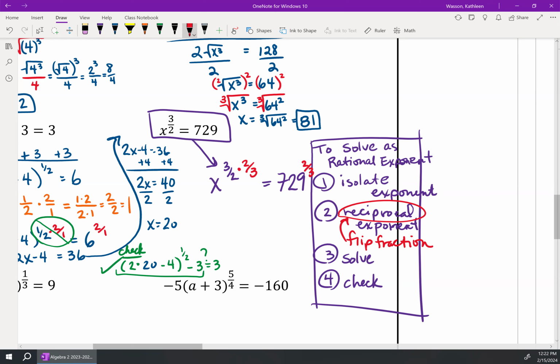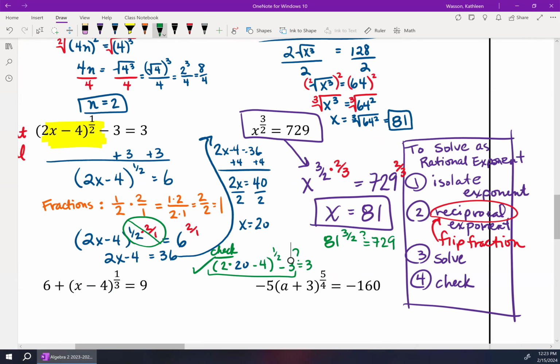And so I have just canceled my exponent. It is now x to the first power, which is just x. And that will be equal to 729 to the 2/3 power. That's 81. And you can check it. You would put 81 here where the x is. Do 81 to the 3/2 power and see if that's 729. That's your check.